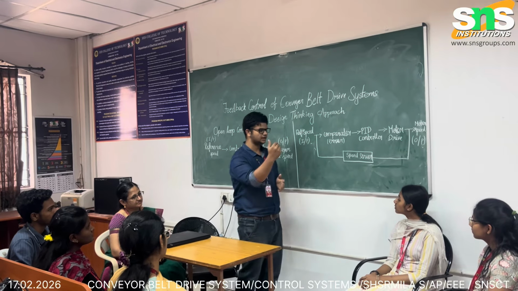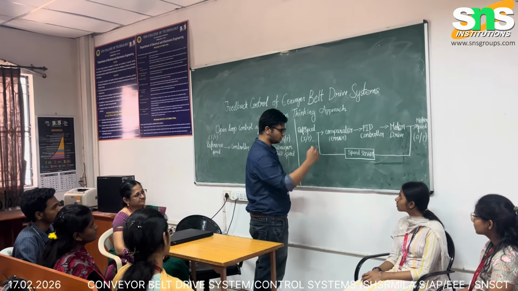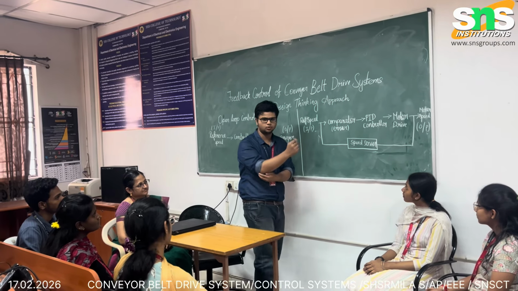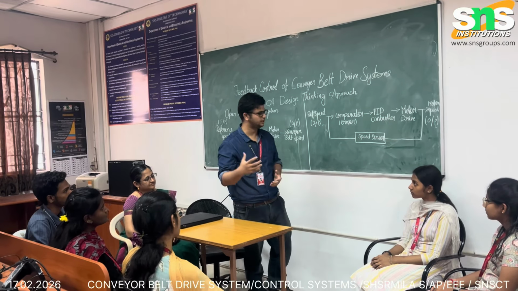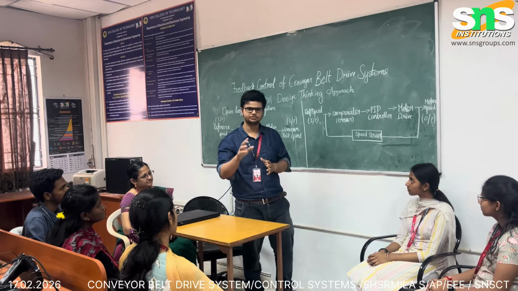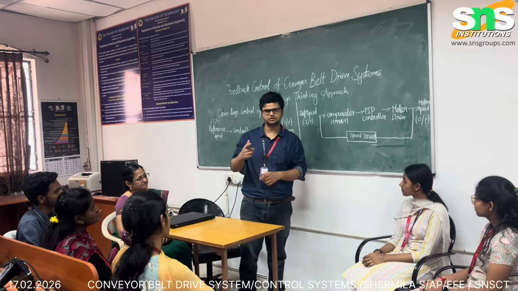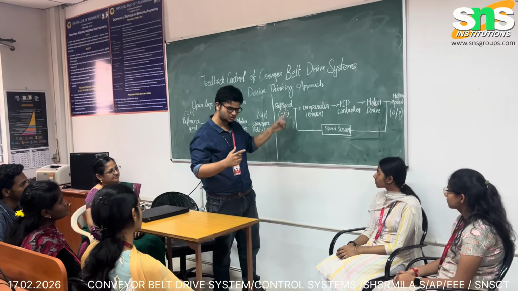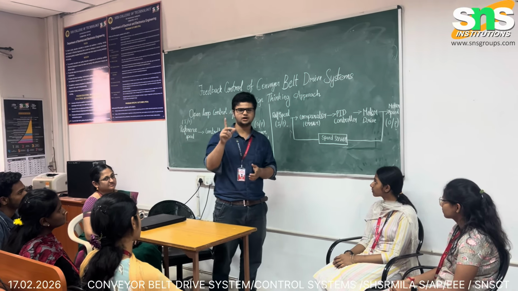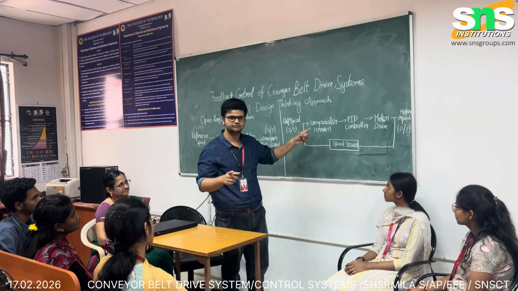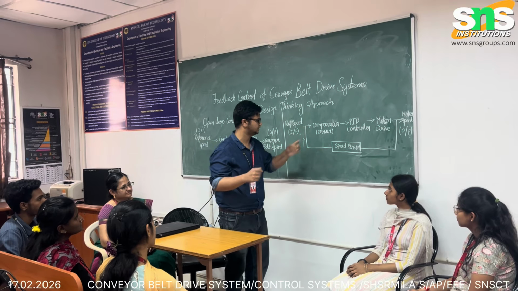Let's take an example of a motor with the sensor fitted to the shaft. Say we measure 1400. So 1500 is the reference speed and 1400 is the speed of the motor, a difference of 100 RPM, which is the error, compared by the comparator.